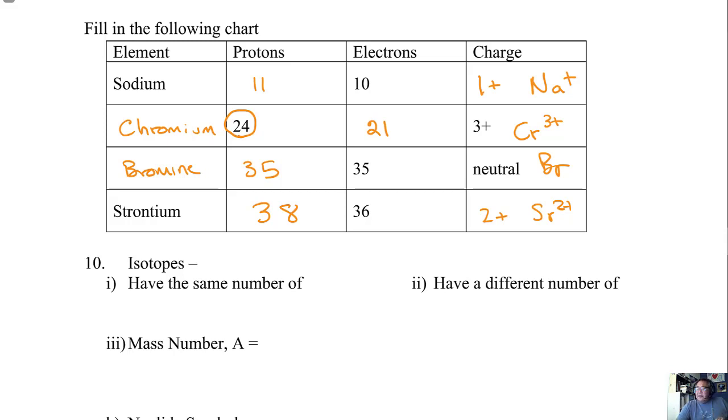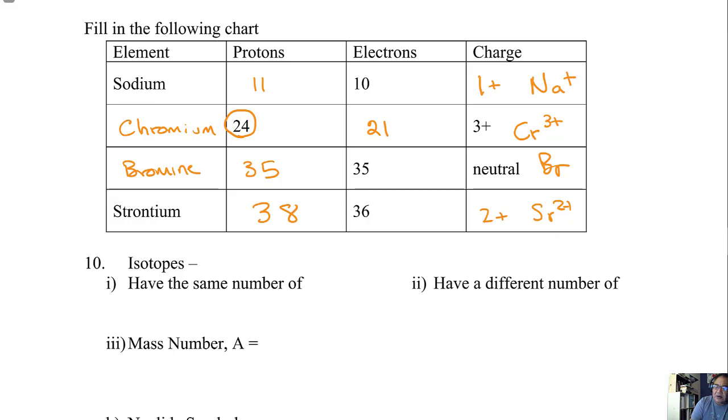Now, the next topic to cover is something that we call isotopes. An isotope is an atom of an element that has a particular number of neutrons in it. So what we had talked about earlier is every atom of an element has the same number of protons. But as it turns out, they don't have to have the same number of neutrons.